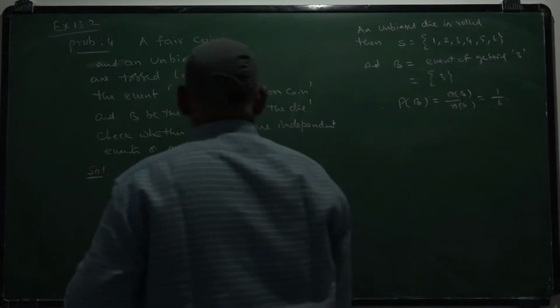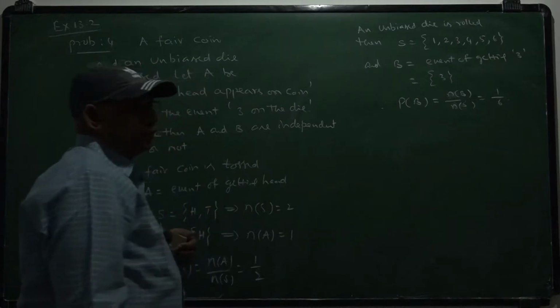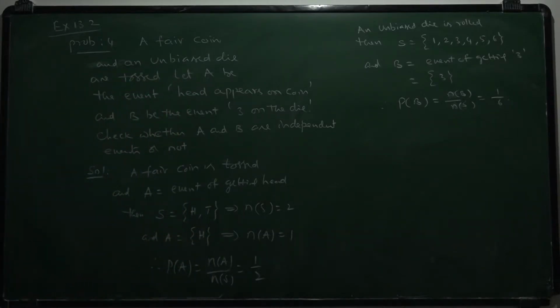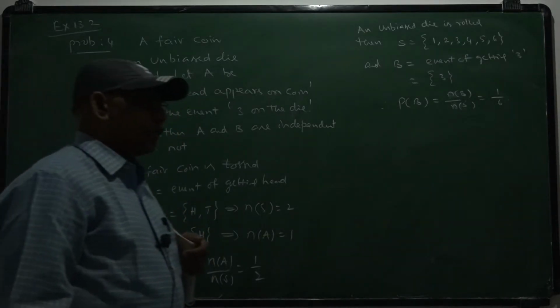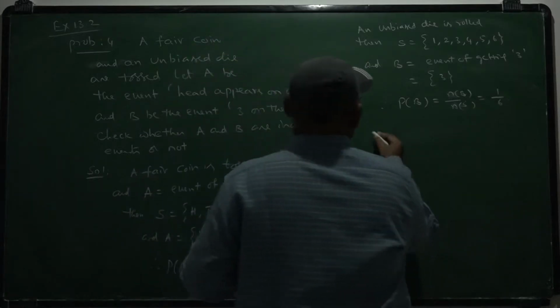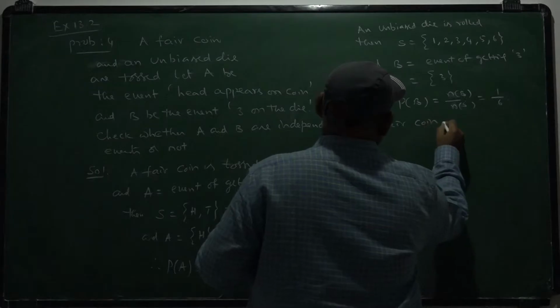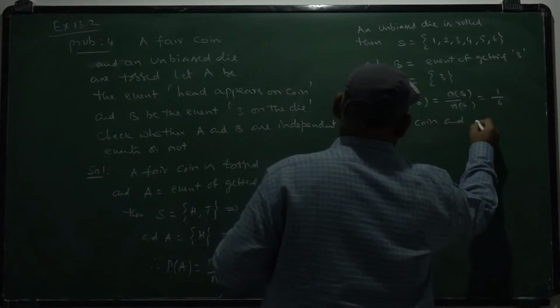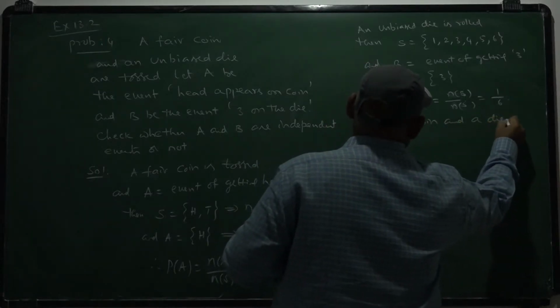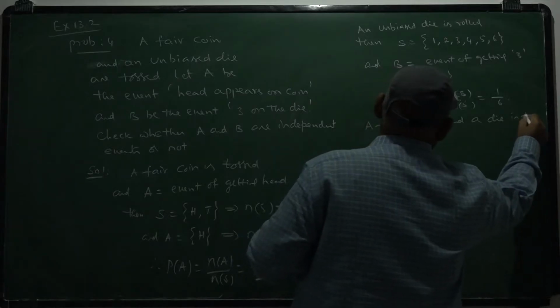Now we have to check whether A and B are independent. A fair coin is tossed and an unbiased die is rolled simultaneously.